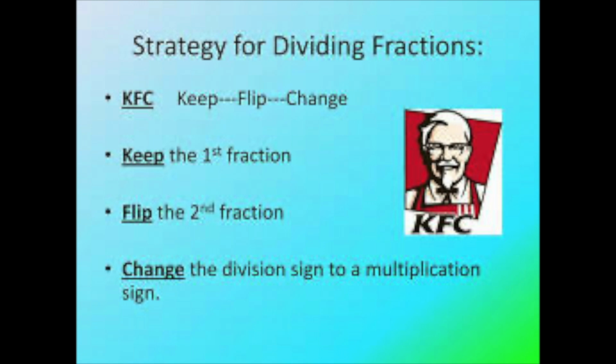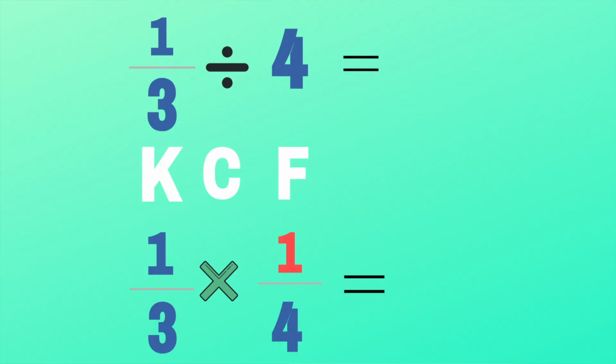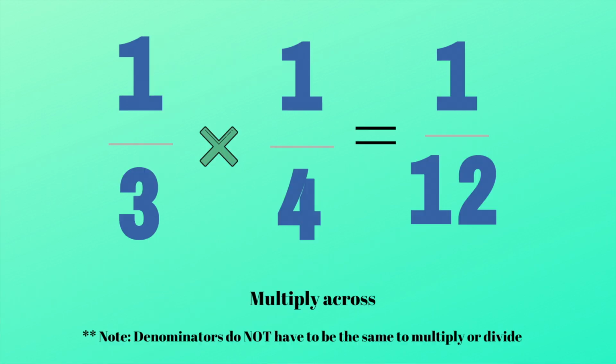And change is you're changing the division sign to the opposite of division, which is multiplication. So now my problem reads 1/3 times 1/4. Multiply those numerators, multiply those denominators. So 1 times 1 is 1, and 3 times 4 is 12, and that gives you 1/12.